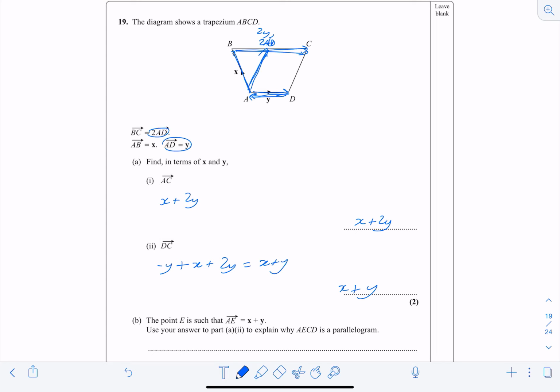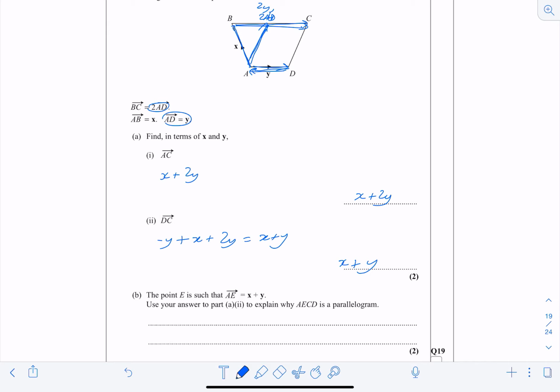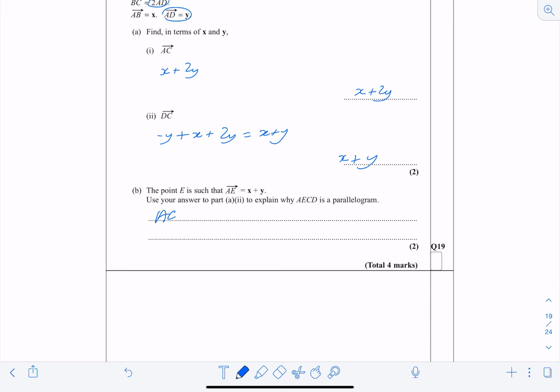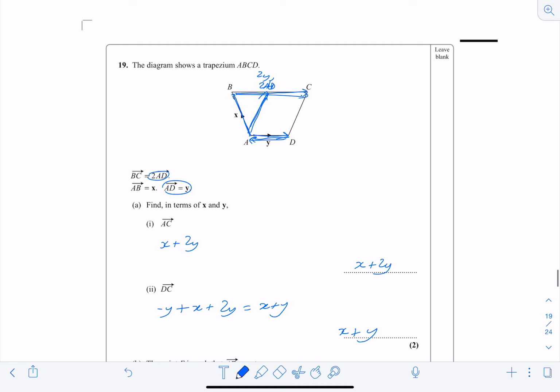And I know it's a parallelogram because AE equals x plus y, therefore it is parallel to DC. So that line there is parallel to that line there.